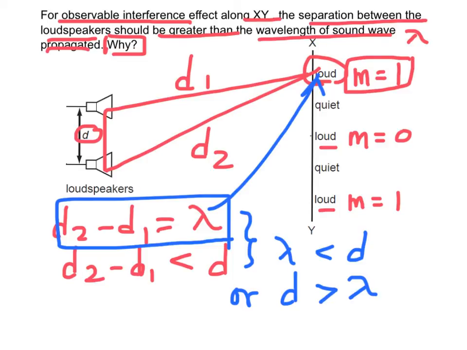As a conclusion, for observable interference effects along XY, that means we have at least a first order maximum, the condition is that the separation between the loudspeakers must be larger than the wavelength of the sound wave.